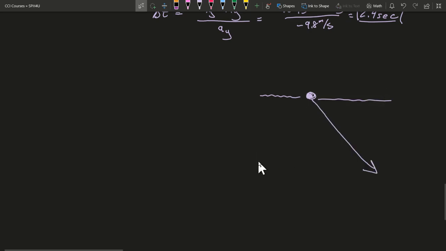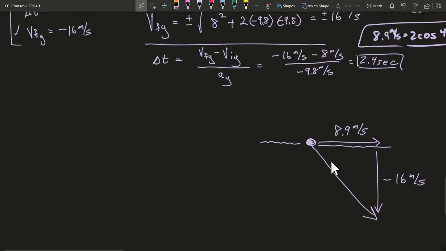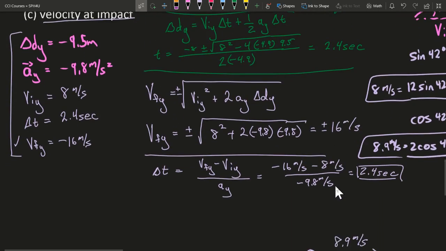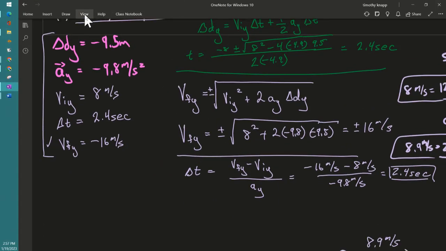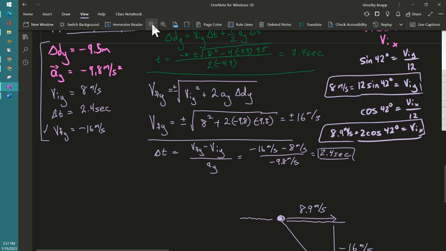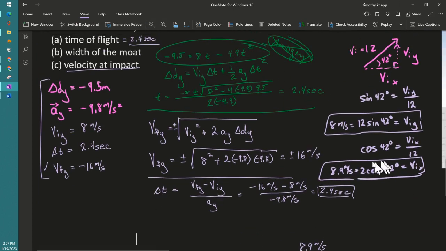Now we know that when it hits the ground, it had a negative 16 meters per second in the y direction. And don't forget that it also had some horizontal velocity, which was 8.9 meters per second. Where's that coming from? Remember, way up here, let me unzoom. Remember way up here when I was talking about my initial x velocity?